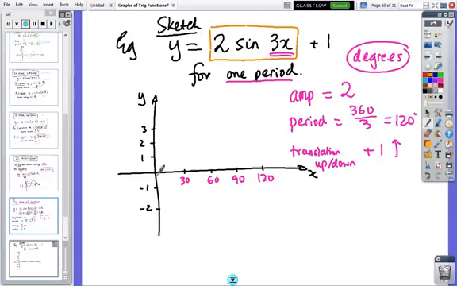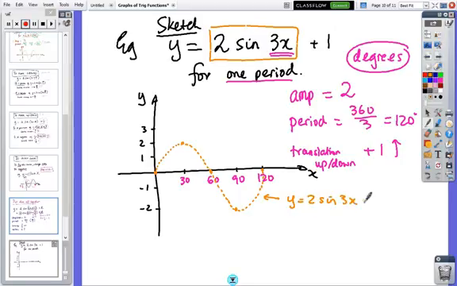So sine starts at 0, we're going to go up to 2, then down to 0, then down to -2, then back to 0. If you do this in light pencil, I'm going to do it in a dotted line. This curve is not the right answer, but I'm going to use it. That curve is y equals 2 sine 3x.